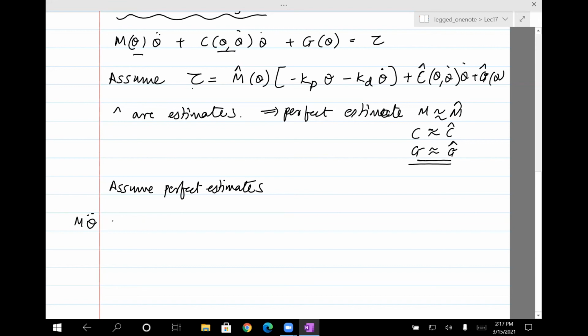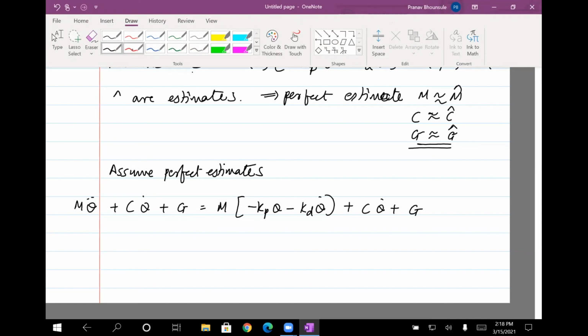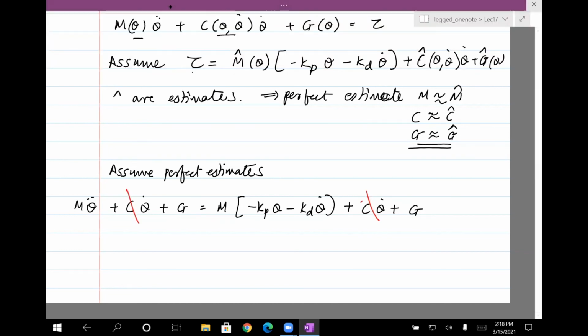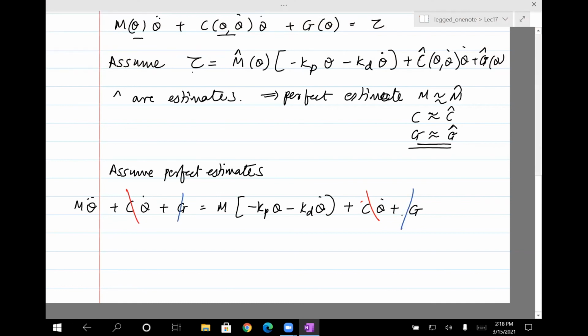M theta double dot plus C theta dot plus G equals torque, which is M, dropping the M hats now. Okay, so we got this. Now we can eliminate a few things here. We can cancel off C on both sides. We can cancel off G, and we're left with this.